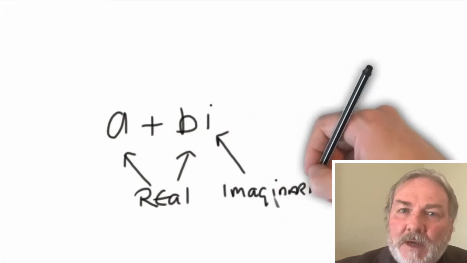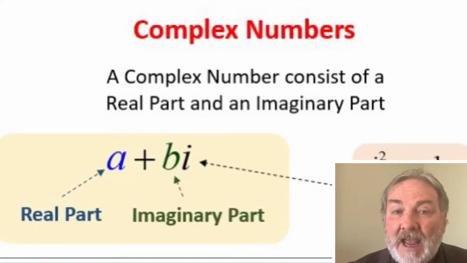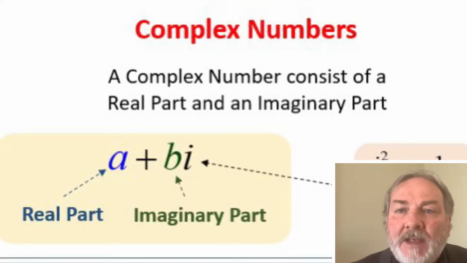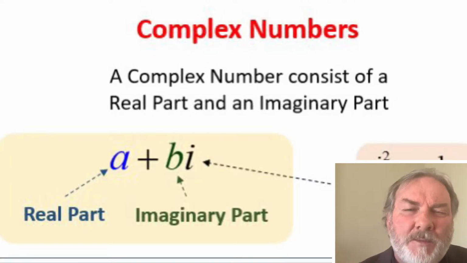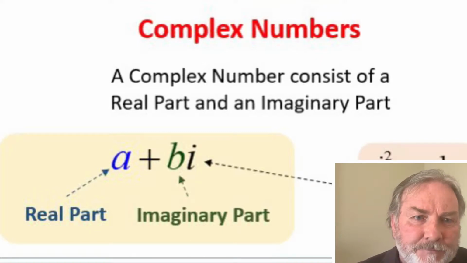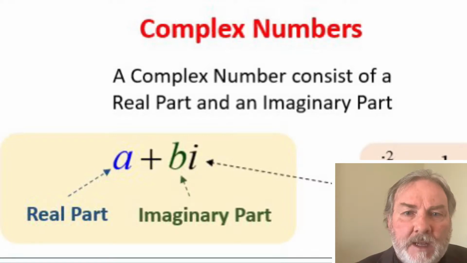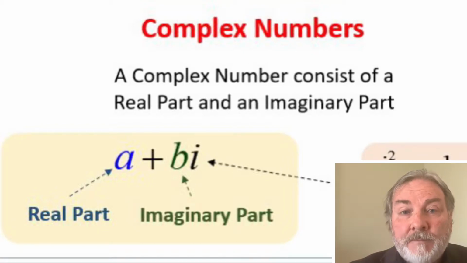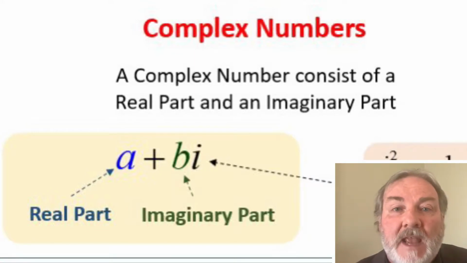The complex number always takes the form of a plus bi, where a and b are real numbers and i is an imaginary number. And the beauty of it is any complex number can be represented in this form. That's the beauty I was talking about before, so it's exceptionally consistent. So the i is the imaginary part of the complex number. You've got a plus bi, a is the real part, b is a real number, but because of i, bi is called the imaginary part, and a is the real part.